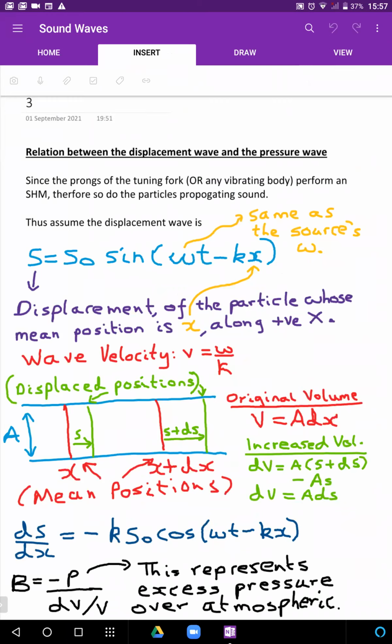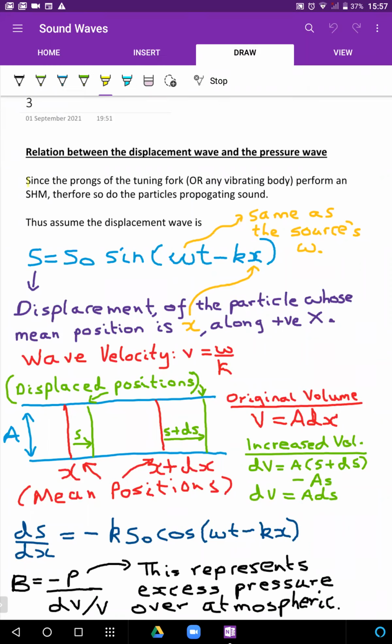First and foremost, since the prongs of the tuning fork or any vibrating body for that matter more or less always perform an SHM, if you observe the molecules at a molecular level, you normally always find them performing an SHM. Therefore, so do the particles propagating the sound.